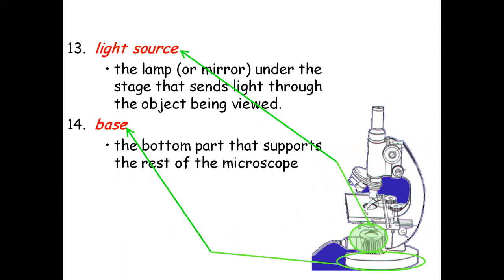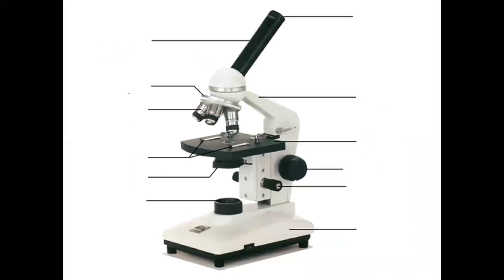Then the 13th part is the light source, which is the most important part of the microscope, the lamp or the mirror under the stage that sends light through the object being viewed. And the 14th part is the base, the bottom part that supports the rest of the microscope.